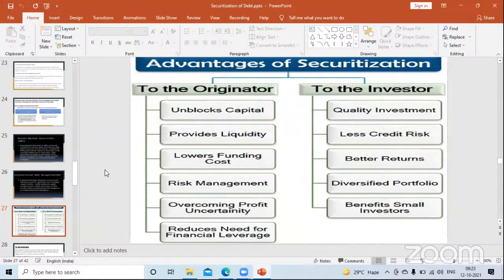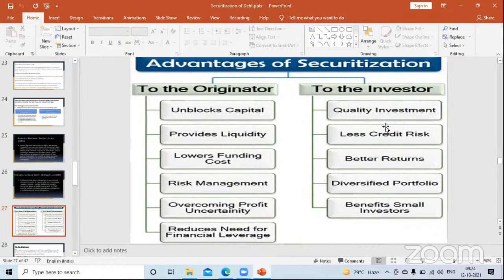That reduces, because it is my own money that is invested in the business. So there is another advantage, that we do not have to pay more and more interest to the borrowed fund holders, because there are not as many borrowed fund holders in the company. So it reduces the financial leverage.